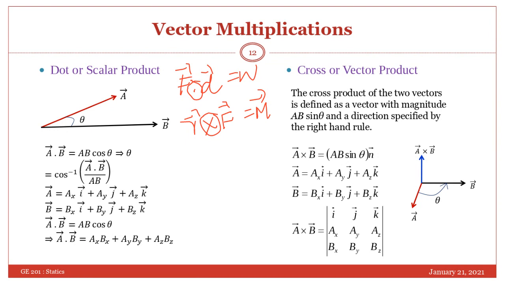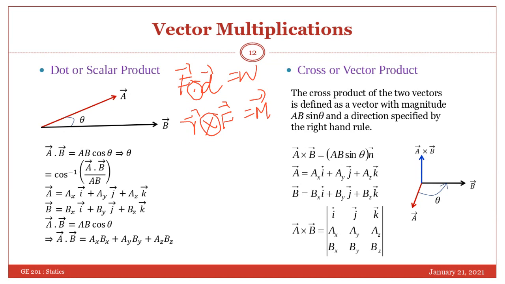Okay. So that's why the dot multiplication is also called scalar multiplication, and the cross multiplication is also called vector multiplication. When you have vector multiplication, you will have magnitude as well as direction.